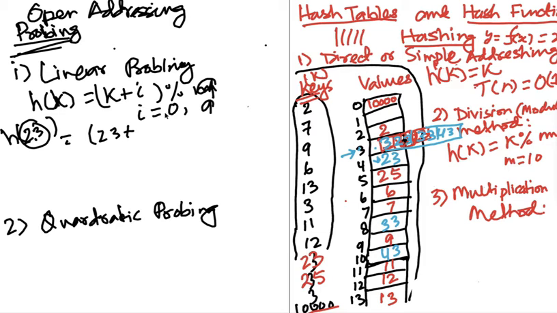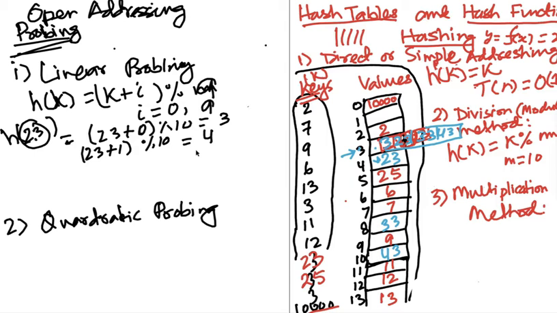So when i equals 0, then 23 plus 0 mod 10 equals 3, so it does not work for us, right? Then we need to increase the i value. The next value is 23 plus 1 mod 10, then 24 mod 10 equals 4. So we go to the fourth position and find an empty space, so we put 23 at position 4.